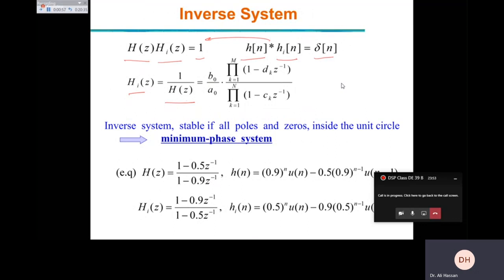This is an example. As you can see, its pole is at 0.5 and its zero is at 0.9. So once you take the reciprocal of this, the 0.9 appears as a pole and 0.5 appears as a zero. So this is a minimum phase system.